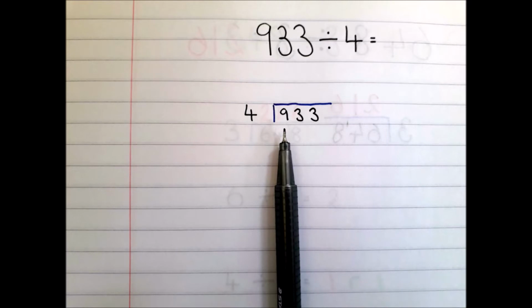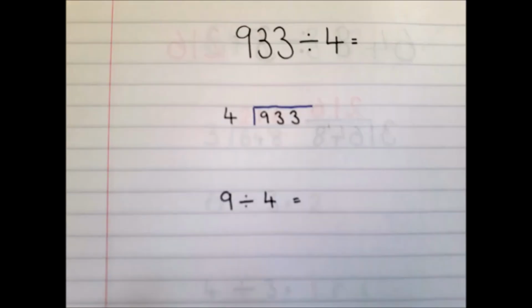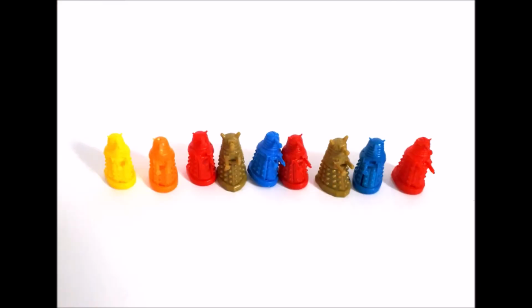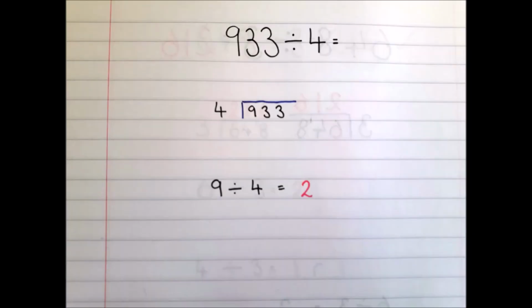We start by taking the 9 and dividing it by the 4. So we're doing 9 divided by 4. Here's our 9 Daleks. We split them into 4 equal groups. Each group has 2 Daleks in it and there's 1 Dalek left over.